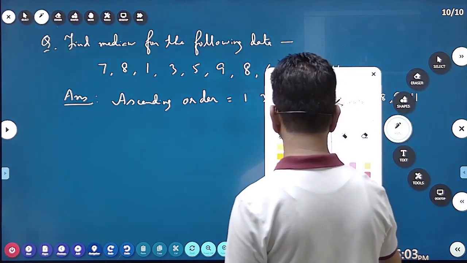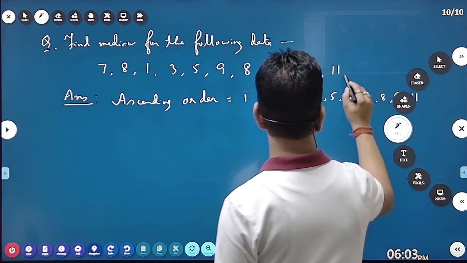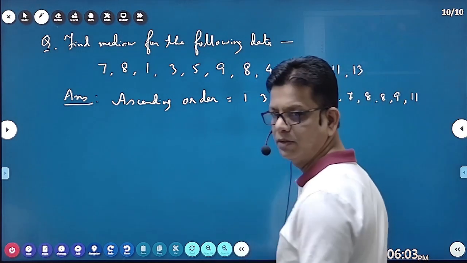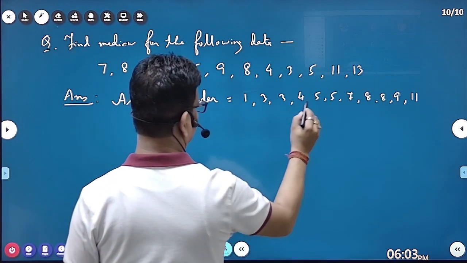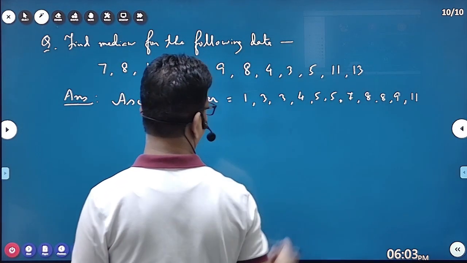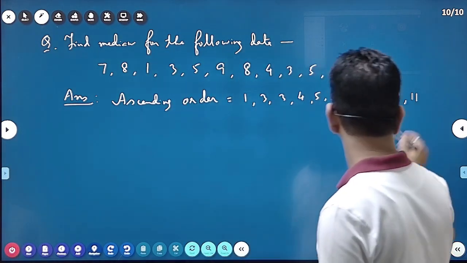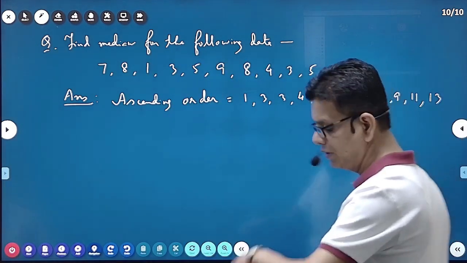How many are there? 11. Suppose I write here 13 as well. Now the data is 1, 3, 3, 3, 4, 4, 5 and so on. In ascending order, of course, 13 will come at the end.